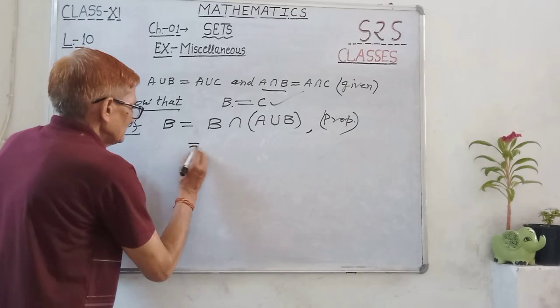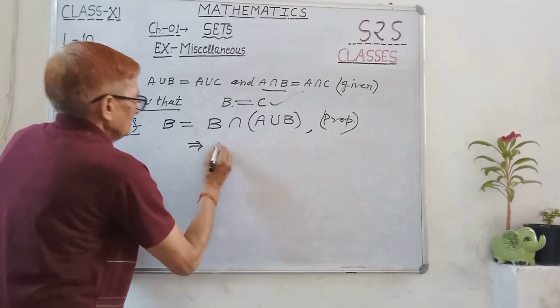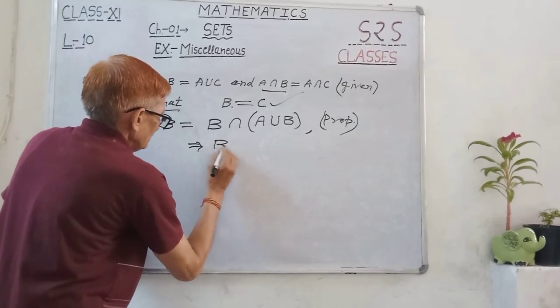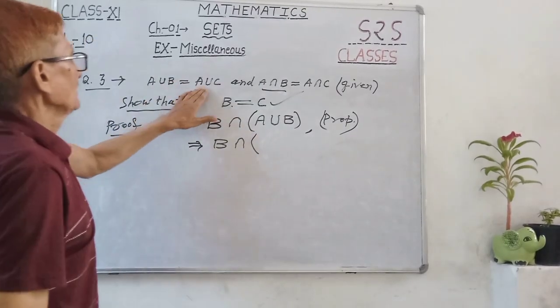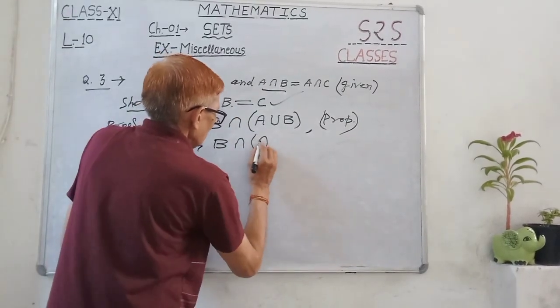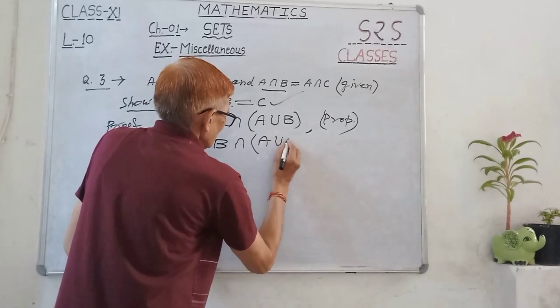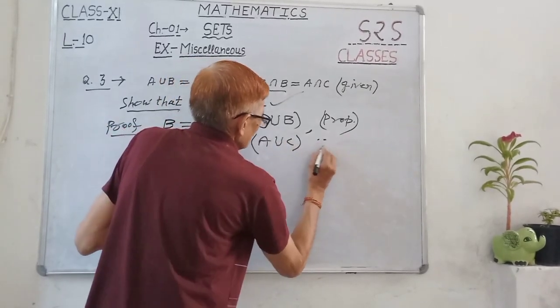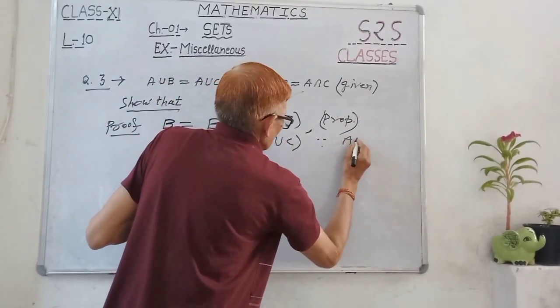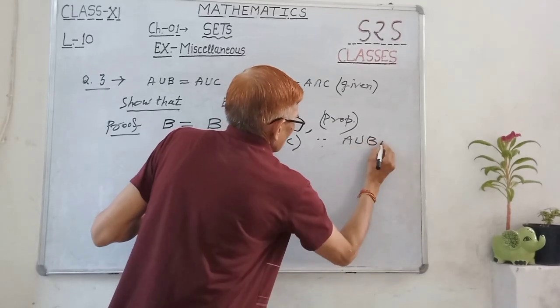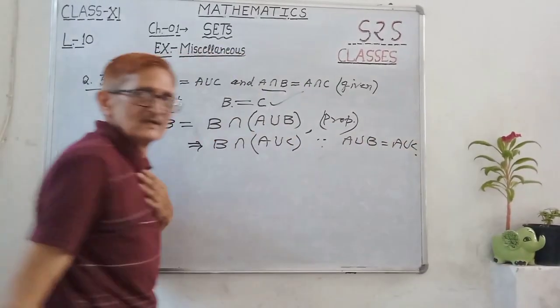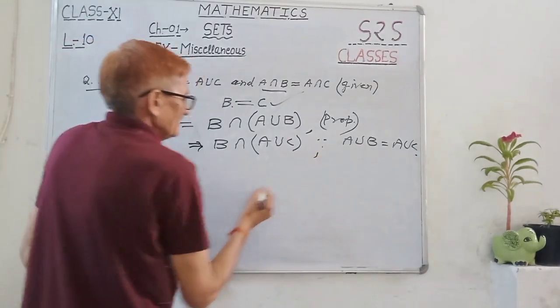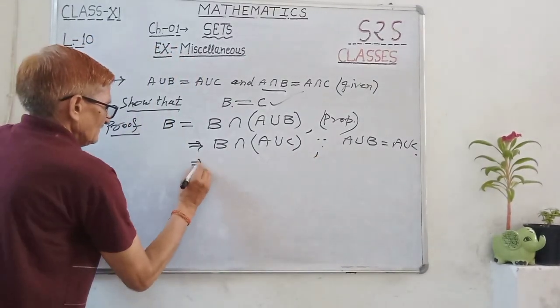Now after that, this B intersection A union B is equal to B intersection A union C, because given A union B is equal to A union C. Okay, given, used here. Now what can we do?